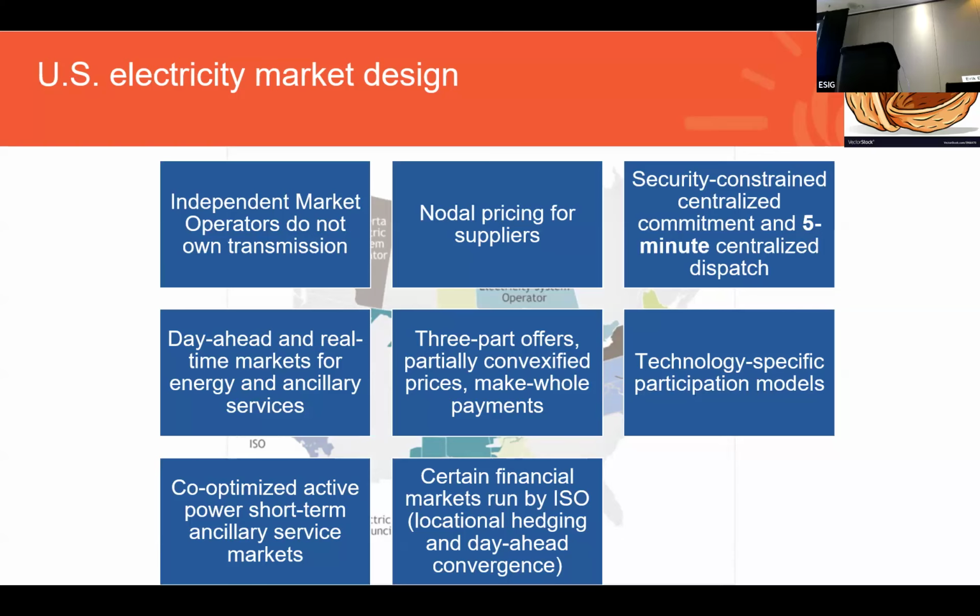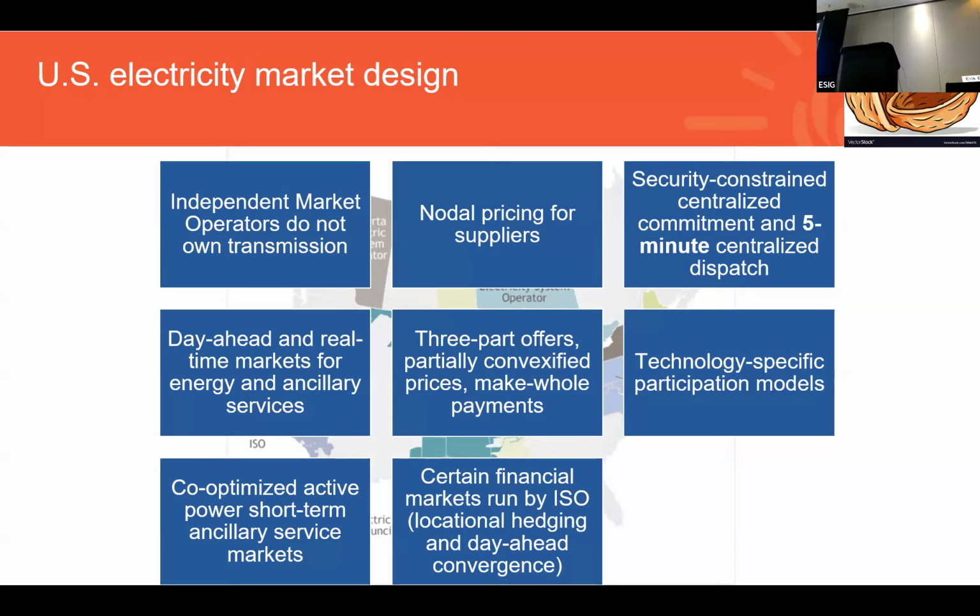There's a lot of different names, or the FTR markets, but really a way for transactors to hedge against volatility that might be happening across the supply side and the load side. And there's also financial markets for day-ahead real-time price convergence. So folks have heard of virtual trading, not virtual power plants, virtual trading.